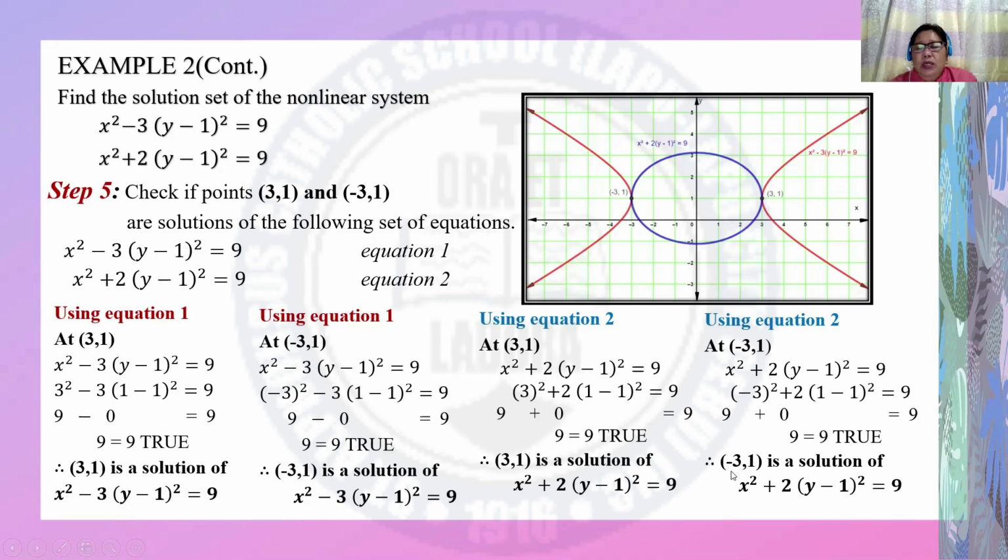Therefore, the point with coordinates negative 3 and 1 is a solution of the second equation. And looking at the graphs of the ellipse and hyperbola, the intersections are the points with coordinates negative 3, 1 and the point with coordinates 3, 1.